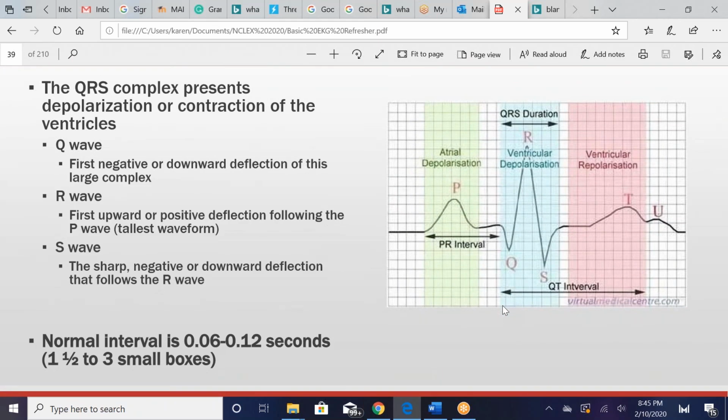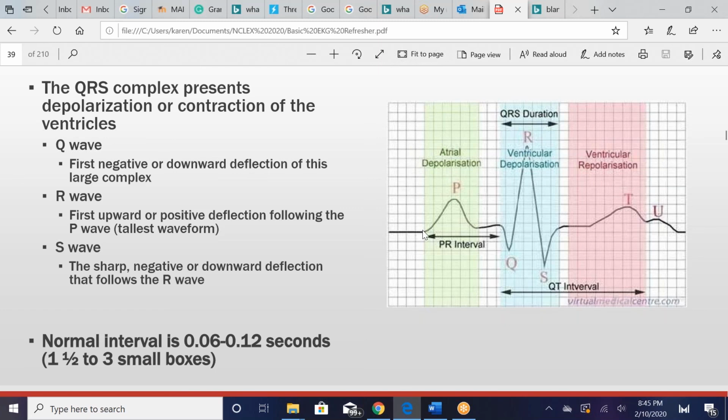So the QRS complex, which is here, QRS. This is the first negative or downward deflection of this large complex. Because remember, here's the isoelectric line, flat, flat, flat.